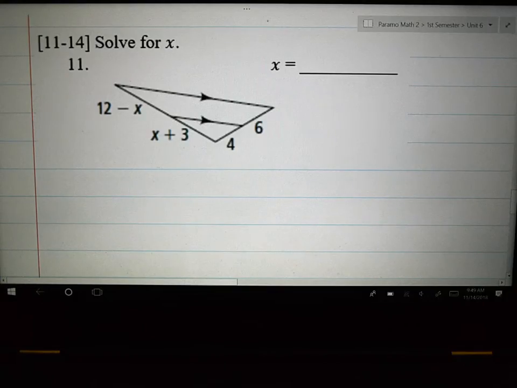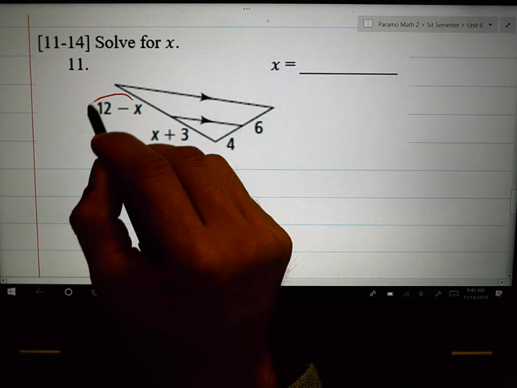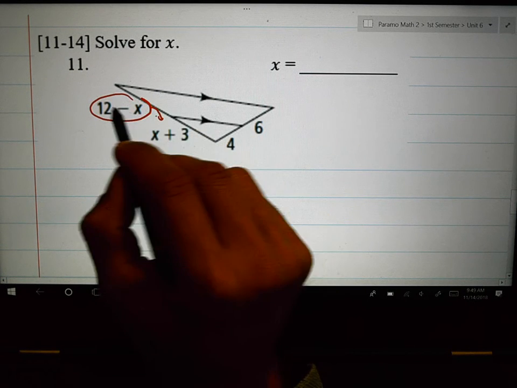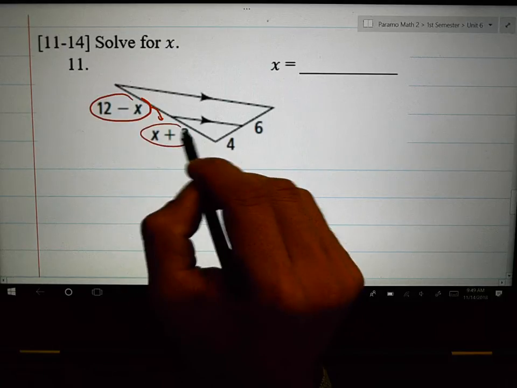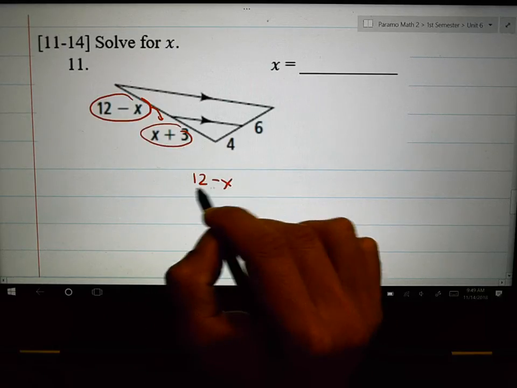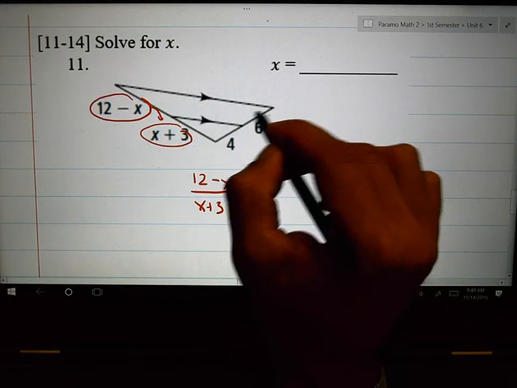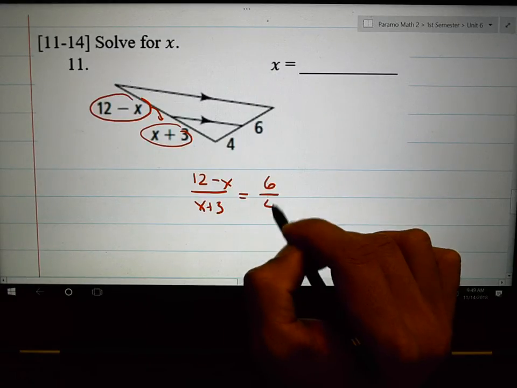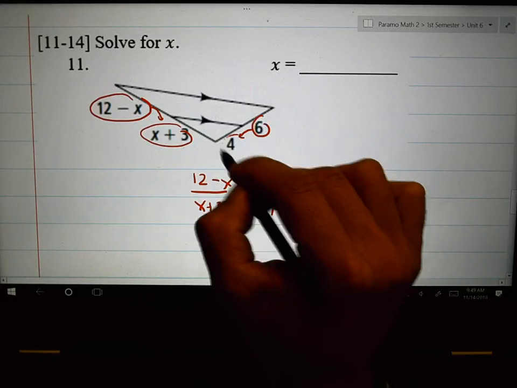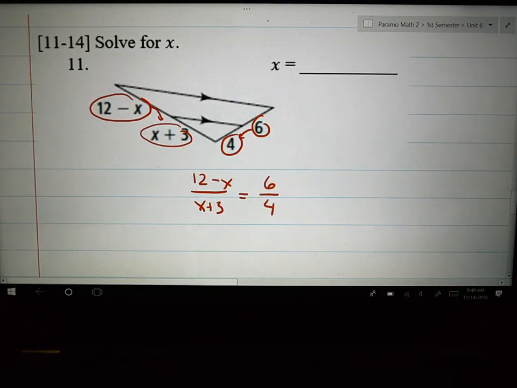I could use whichever side I want to first. Let's just make it look like it's set up. Let's do this side over this side. 12 minus x over x plus 3. And that should be equal to the other side, top over bottom. We're going in the same direction when we set up our proportion.